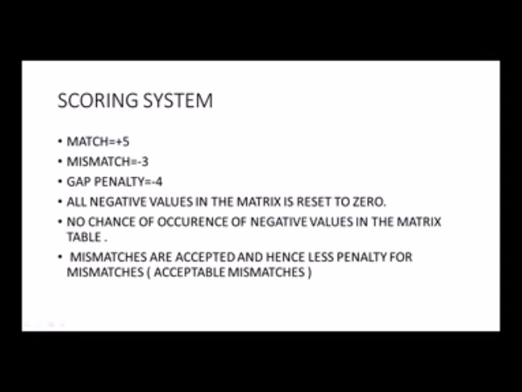What is the scoring system? Match value is taken as +5, mismatch value is taken as -3, and gap penalty is taken as -4. All negative values in the matrix are reset to 0, and hence there is no chance of occurrence of negative values in the matrix table. Here mismatches are accepted and hence there is less penalty for mismatches.